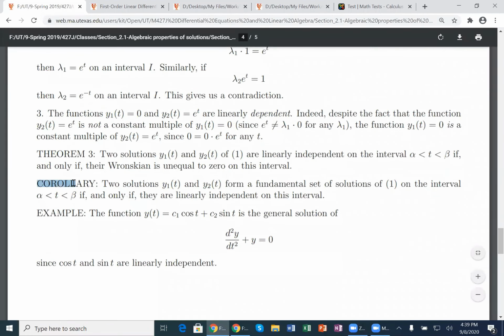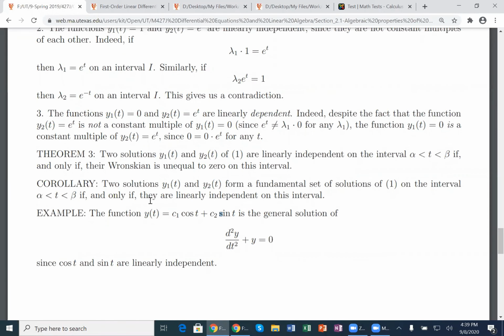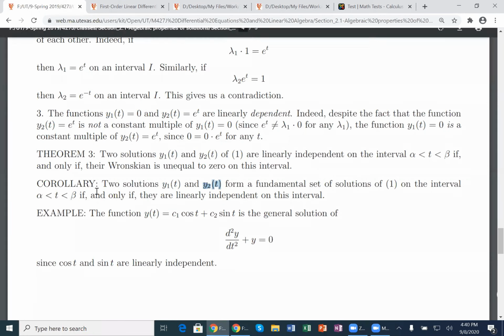Now, way number 2. By the corollary, if y1 and y2 are linearly independent, C1y1 plus C2y2 is the general solution. If y1 and y2 are linearly dependent, C1y1 plus C2y2 is not the general solution.